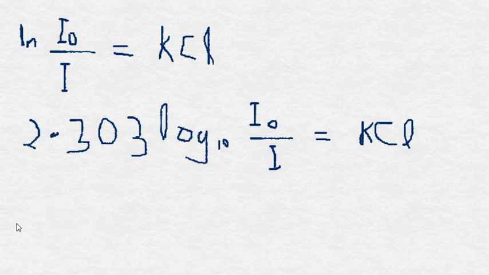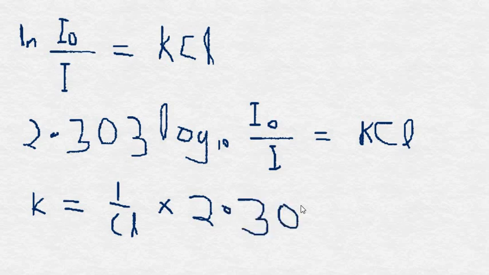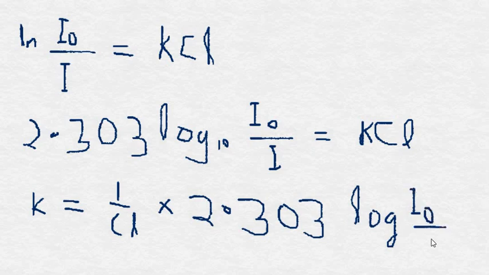Or constant k equal to 1 by CL into 2.303 log I naught by I.